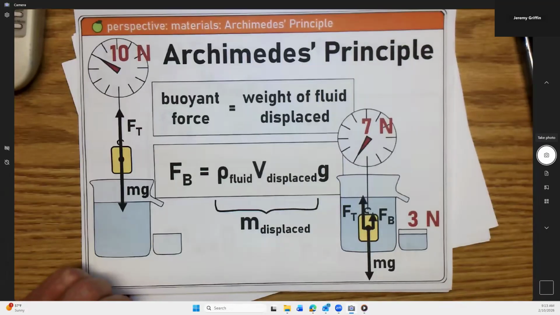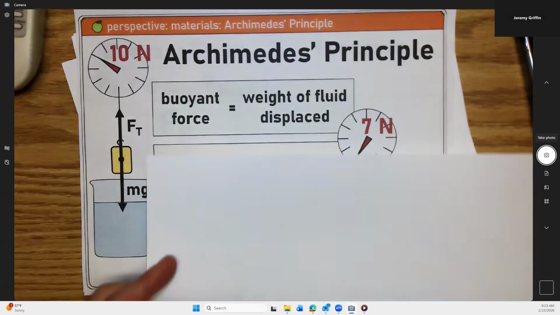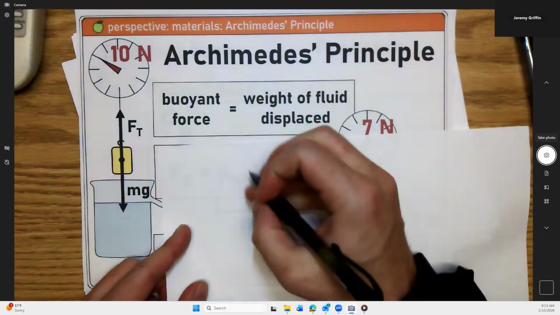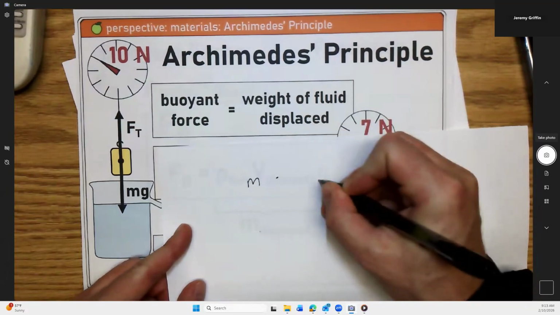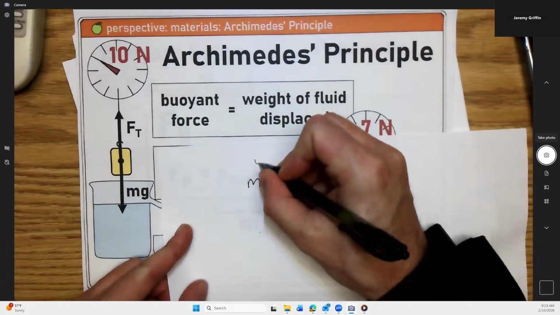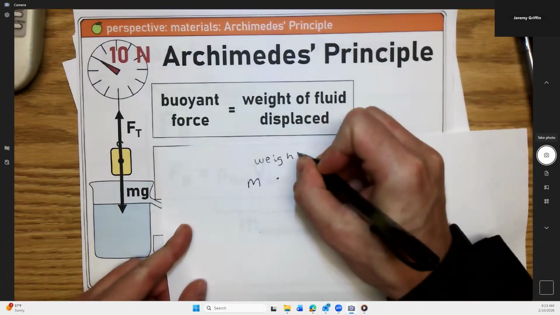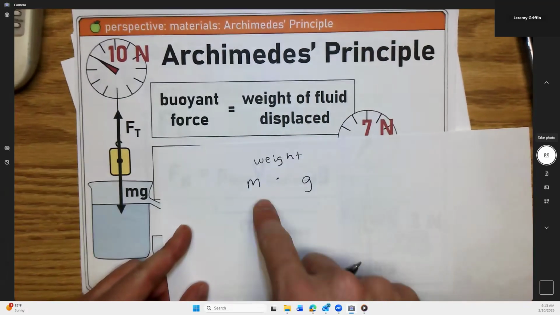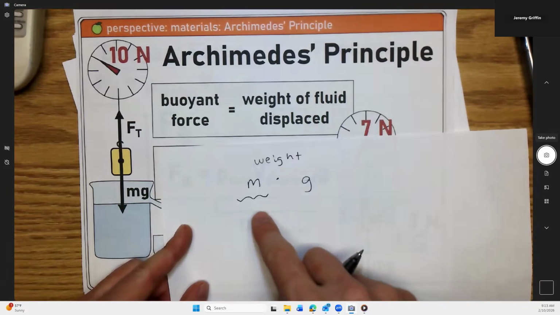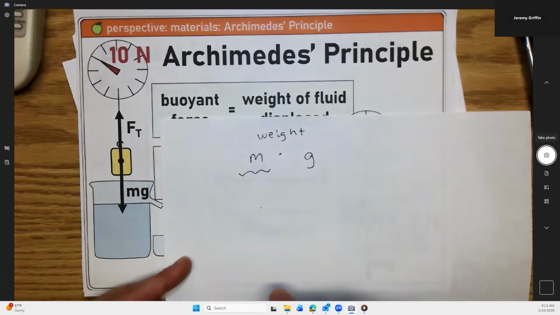Okay. Now, let's go in detail here. Because weight of something is mass times gravity field, right? That's weight. Let's say weight is mass times gravity field. But let's substitute out the mass of something in terms of its density.